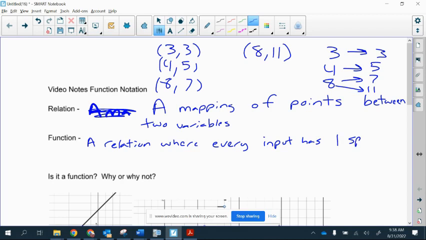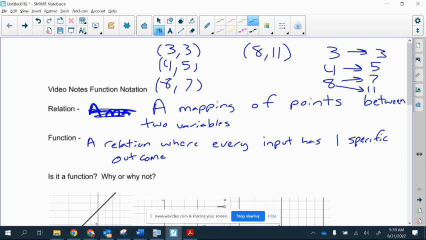That's one specific outcome. In other words, when you pick an input, you know exactly what outcome it's going to go to.